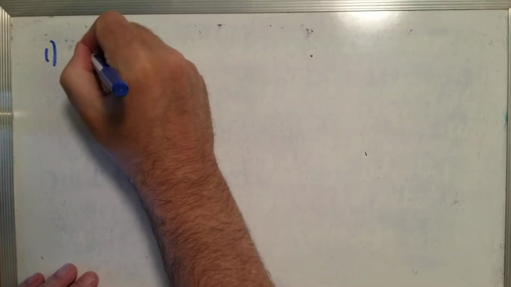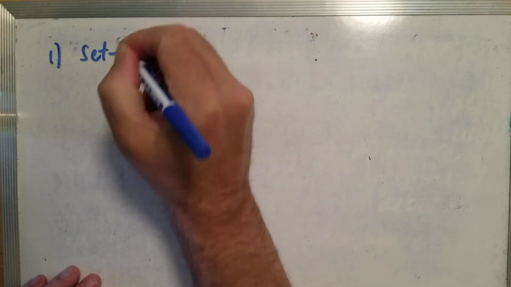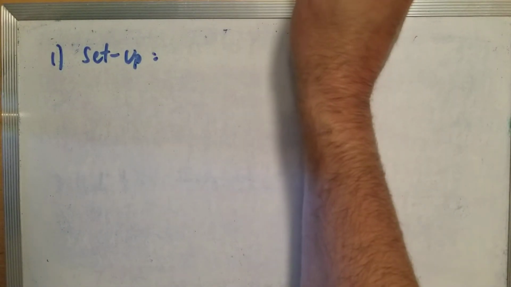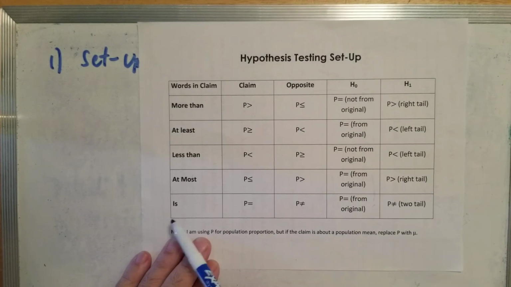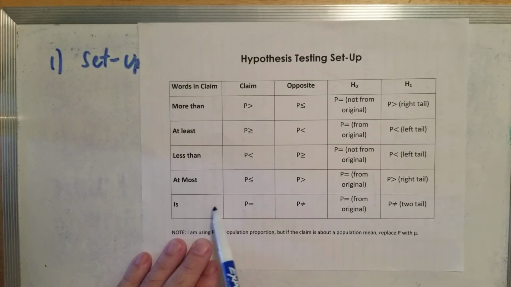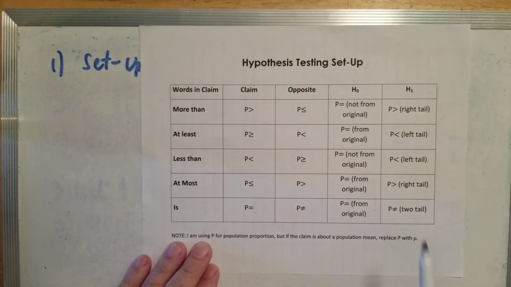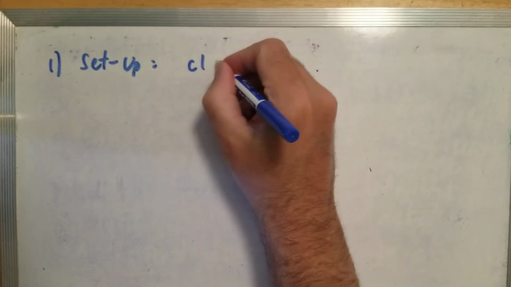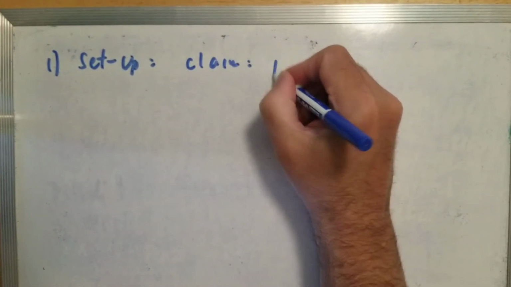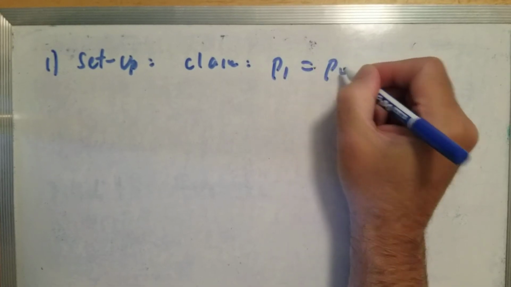So number one, the setup. Well, what is it asking? It says that the two proportions are the same. And so that means that they're equal. And so I'm using the is part of the chart. I'm going to read across this row to get the setup. So the claim is that P1 and P2 are equal.